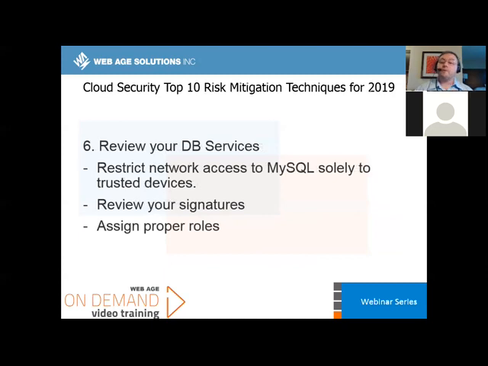We want to review databases. Now, this is an area that's missed quite a bit. Interesting story, I could go on, but for time purposes, I won't get too deep into it. If you're a database administrator, you probably understand the difference, for example, between instances, rows, columns, and everything, right?